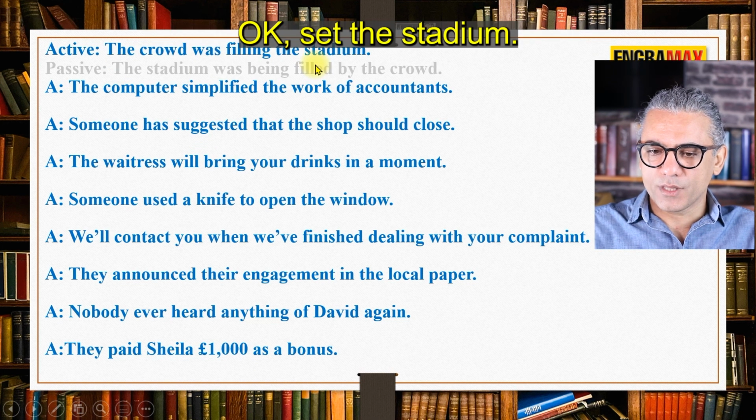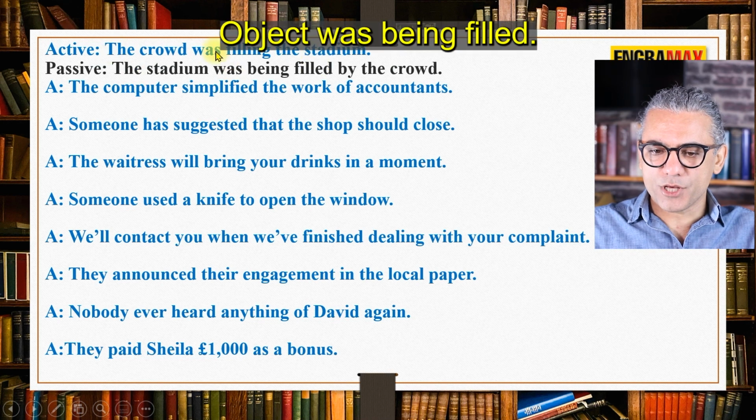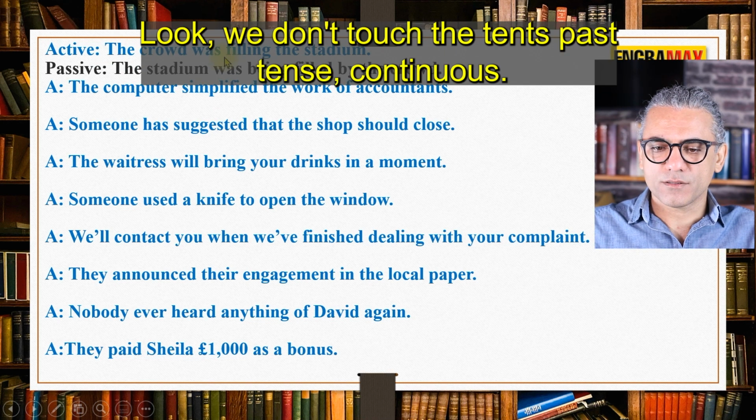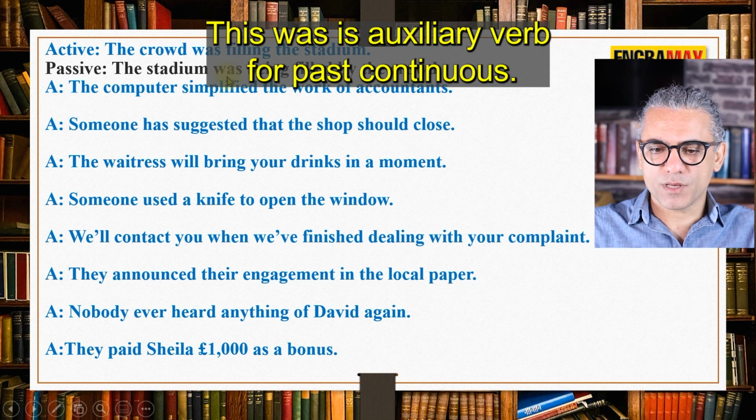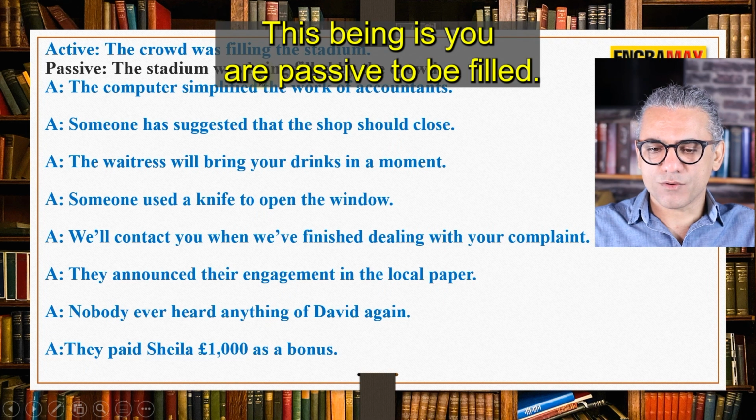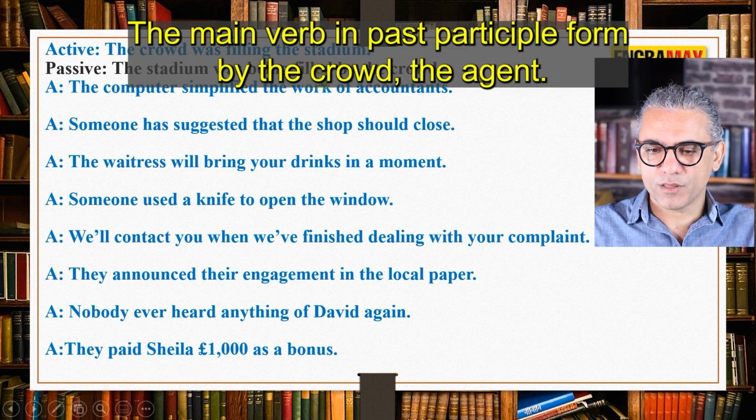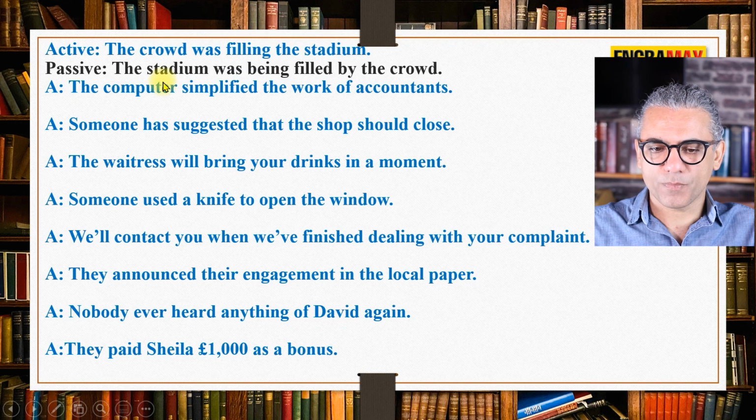Okay, so the stadium, the object, was being filled. Look, we don't touch the tense, past continuous. This is the auxiliary verb for past continuous. This "being" is your passive "to be," "filled," the main verb in past participle form, "by the crowd," the agent.